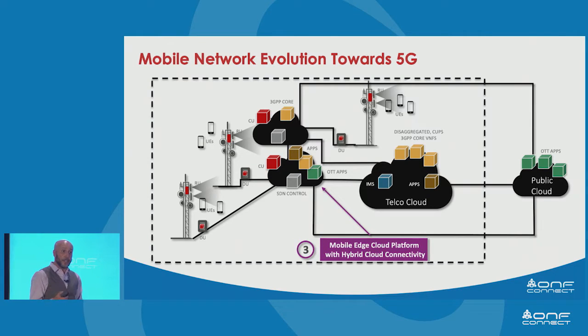Because at the end of the day, I think moving from LTE to 5G is turning the network into a network cloud. And the minute we start viewing it as such, then there are lots of moving parts and there are lots of different components that we can pick and choose from the open source.